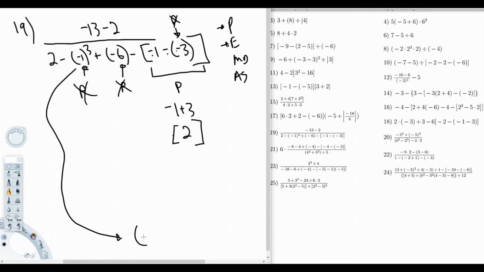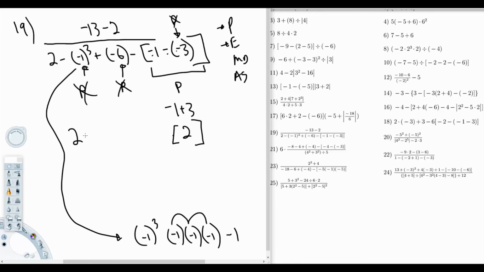When you have this minus 1 to the third power, what they're saying is minus 1, minus 1, minus 1. Since there are 3, that is a negative 1, right?